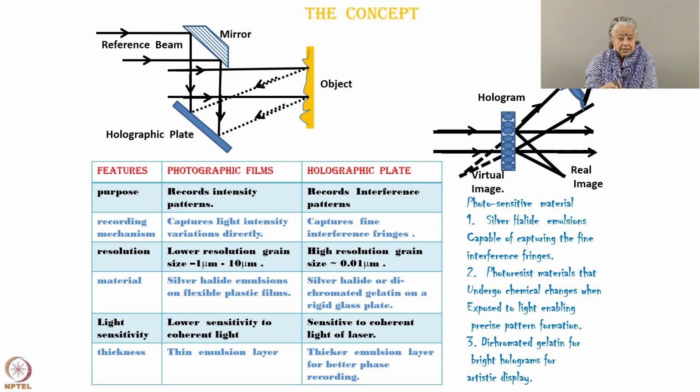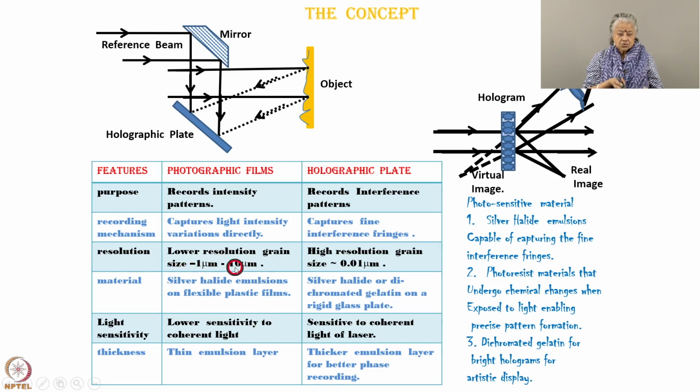Then in the case of photographic films, the films need not have a very high resolution. The photographic film is made out of certain chemicals, and the grain size of those chemicals is around 1 micrometer to 10 micrometers.